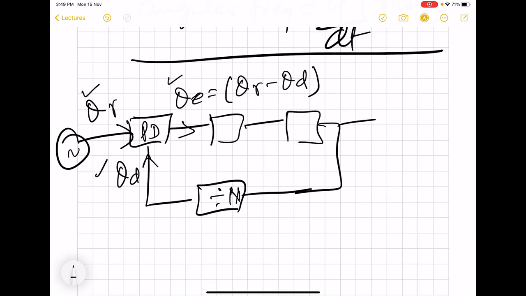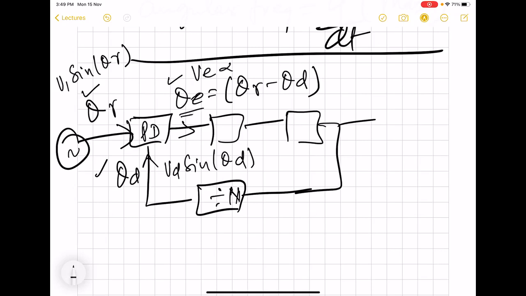For example, here there is going to be say sine theta r, say V1, and here we will have say Vd sine theta d, and then ultimately there will be a voltage not of sinusoid form, but an error voltage that will be proportional to the phase difference between these two signals. But the signals will always be voltages in most cases, except somewhere between this PD and LF.